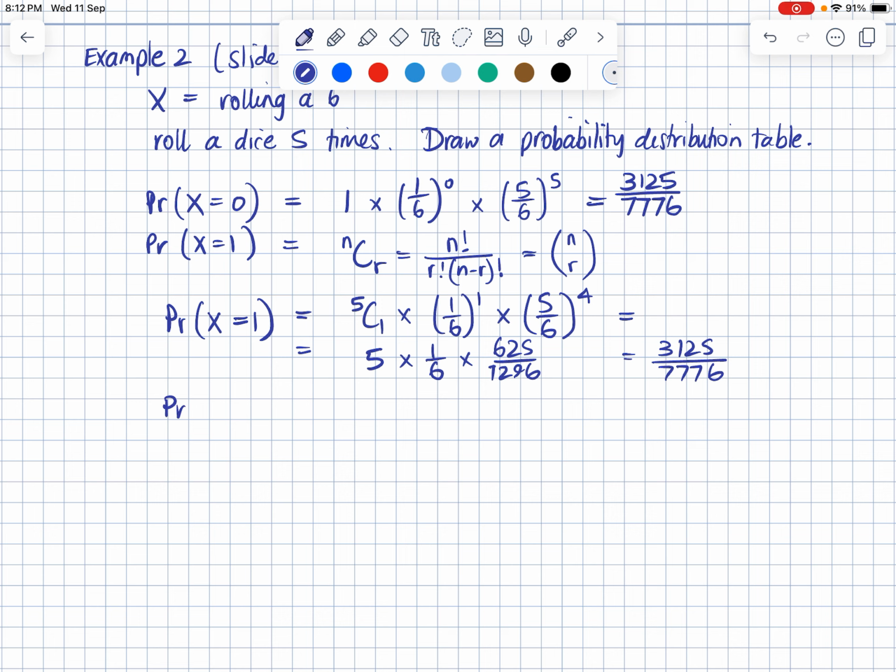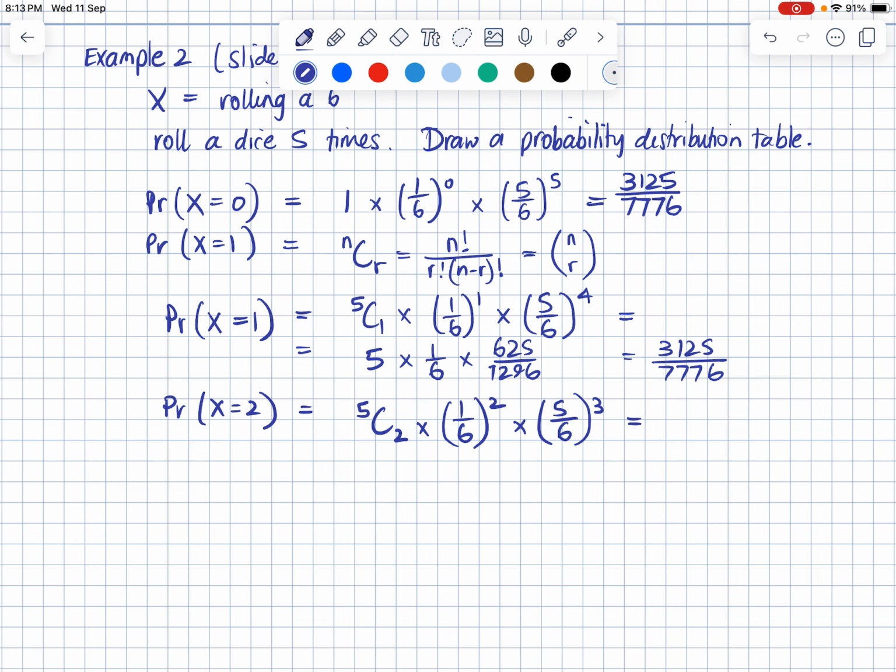So let's see this a couple more times. If I want to have 2 6s, how do I do it? From the 5 rolls, I want to choose 2 of them to be 6s. The probability of getting a 6 is 1/6, and I need that to happen twice. The probability of not getting a 6 is 5/6, and I need that to happen 3 times.